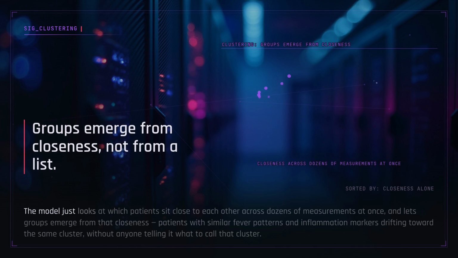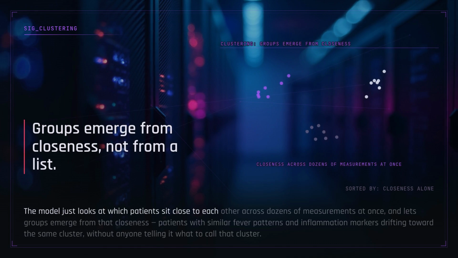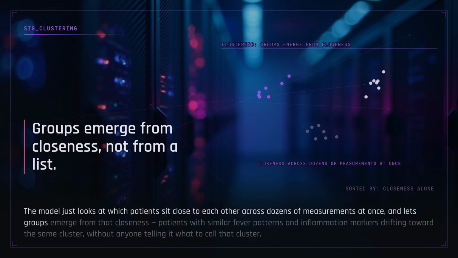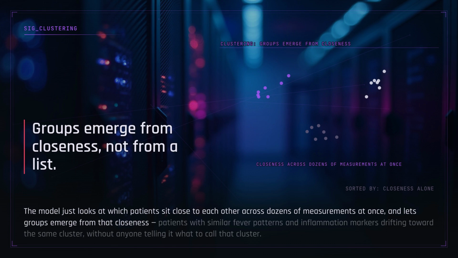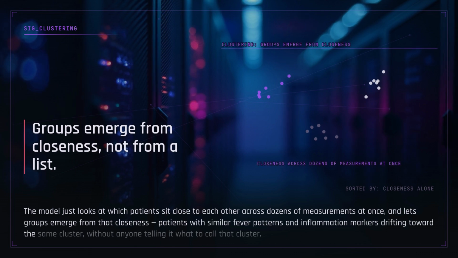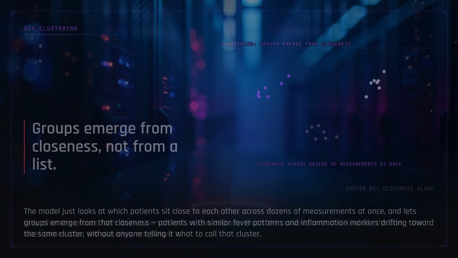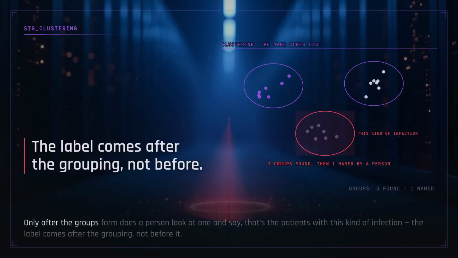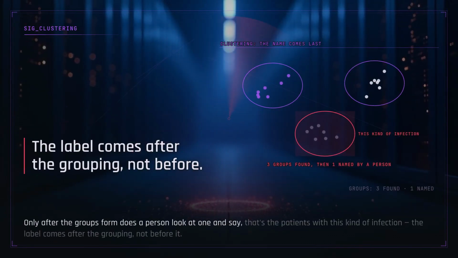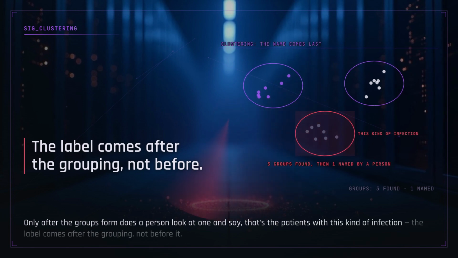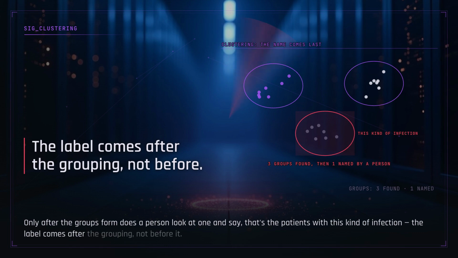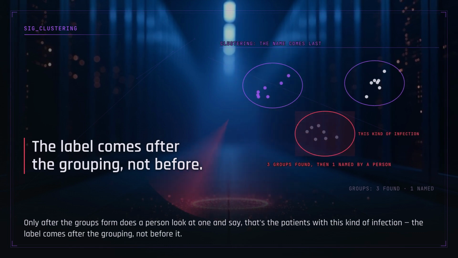The model just looks at which patients sit close to each other across dozens of measurements at once and lets groups emerge from that closeness. Patients with similar fever patterns and inflammation markers drift toward the same cluster without anyone telling it what to call that cluster. Only after the groups form does a person look at one and say, "That's the patients with this kind of infection." The label comes after the grouping, not before it.